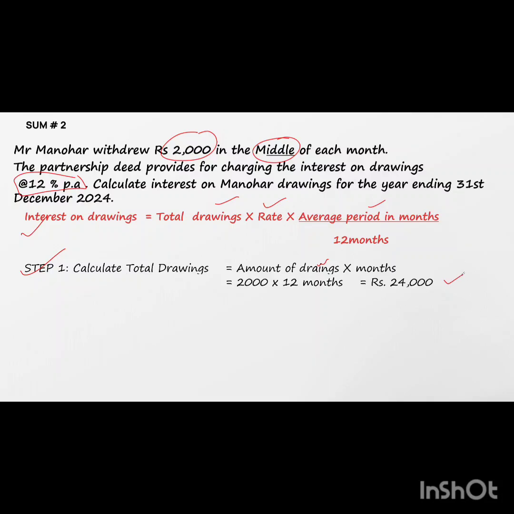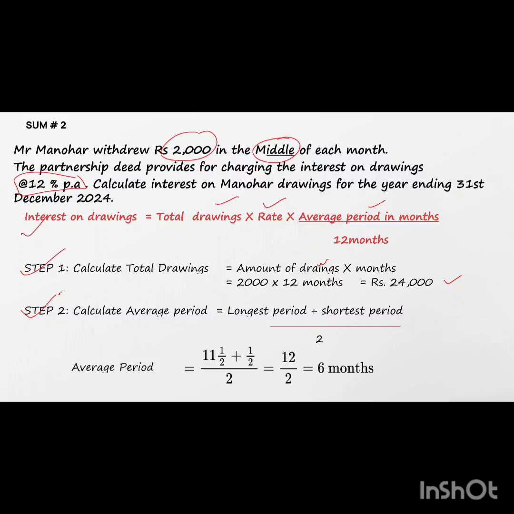Step 2 is to calculate the average period. The average period is the longest period plus the shortest period divided by 2. Here the average period will be 11 and a half plus half divided by 2, which when you simplify will be 12 by 2, which can also be written as 6 months.